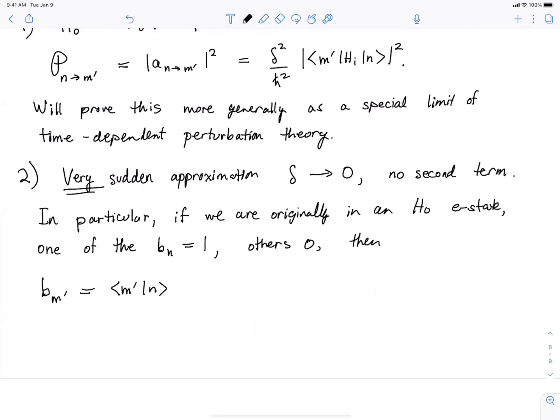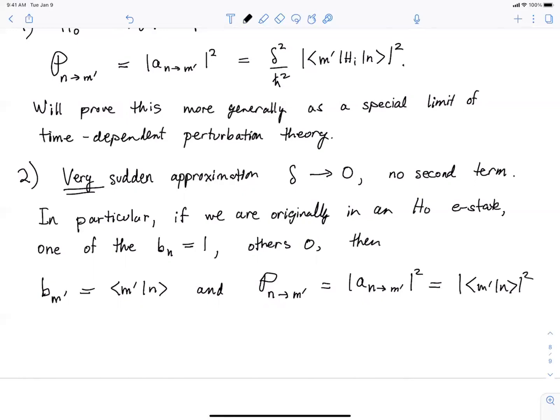Then in the final state, the coefficient Bm prime is just going to be the matrix element m prime with n. And so if I ask for the probability to find yourself in the state m prime after starting in the state n, that's given by the square of the transition amplitude. And so what we found is that that is just the matrix element m prime n squared.